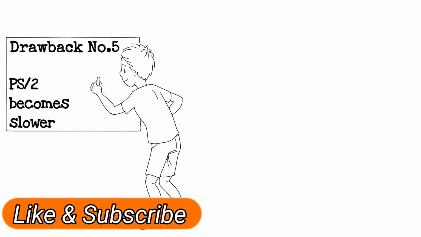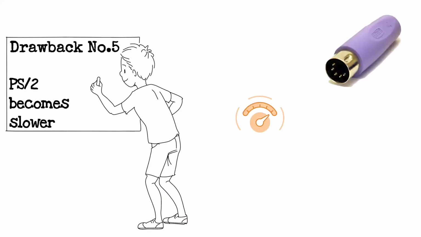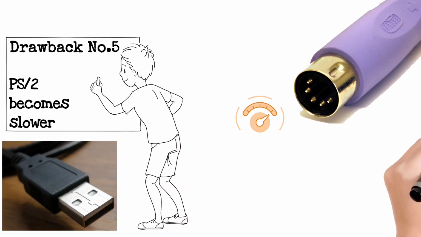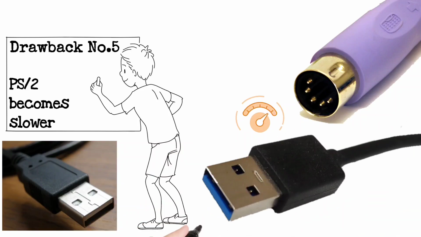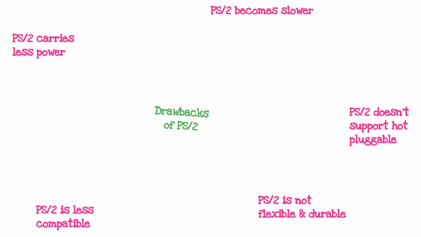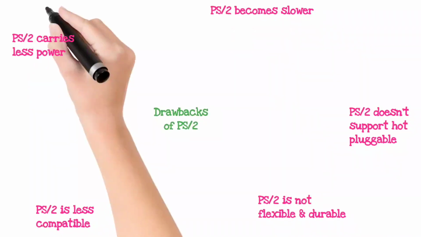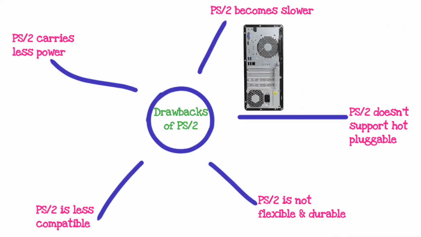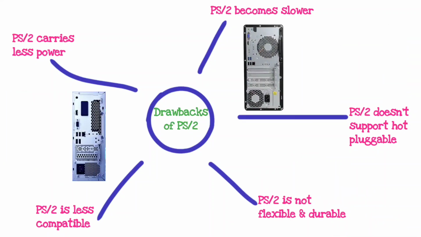Although the latency of PS2 is less than the older versions of USB, the latest versions of USB such as USB 3.2 and USB 4 overtake the speed of PS2. These are the main drawbacks for which the popularity of PS2 gradually started decreasing and it stopped coming with new desktop computers.